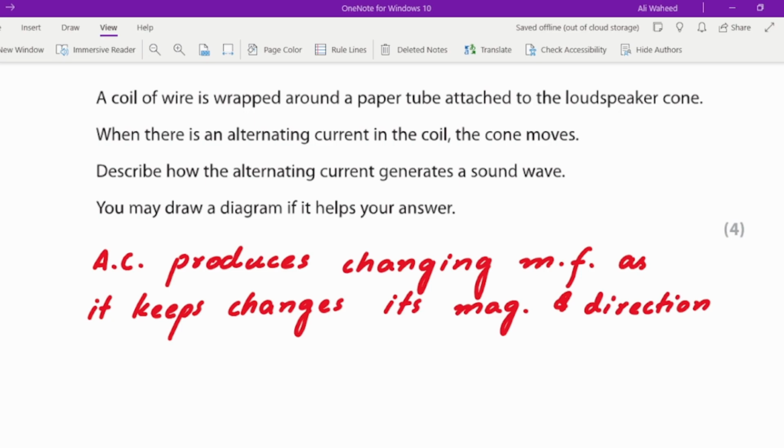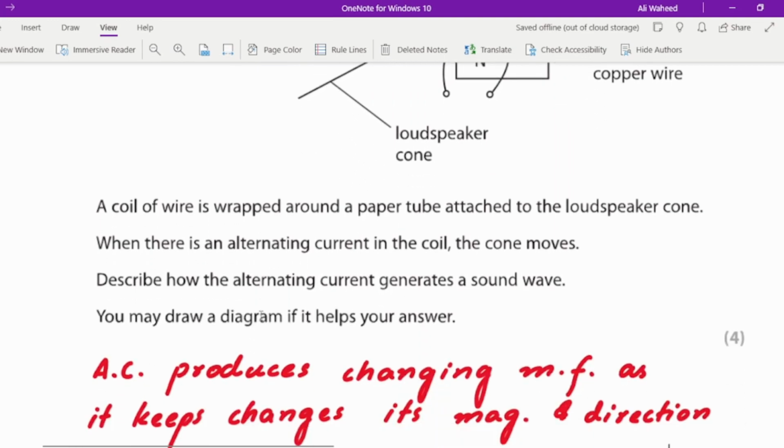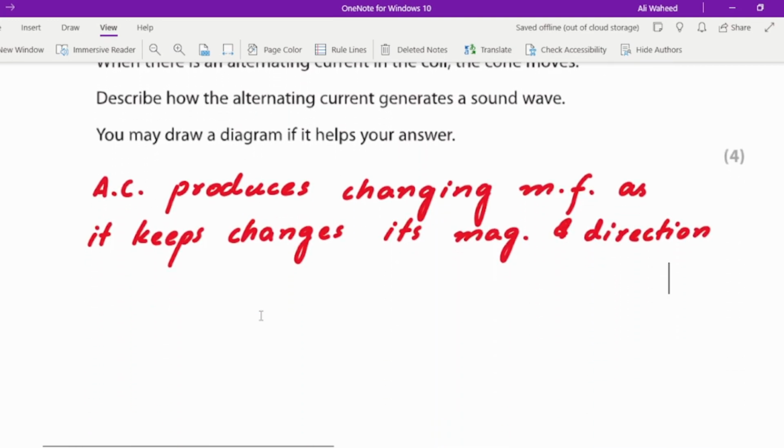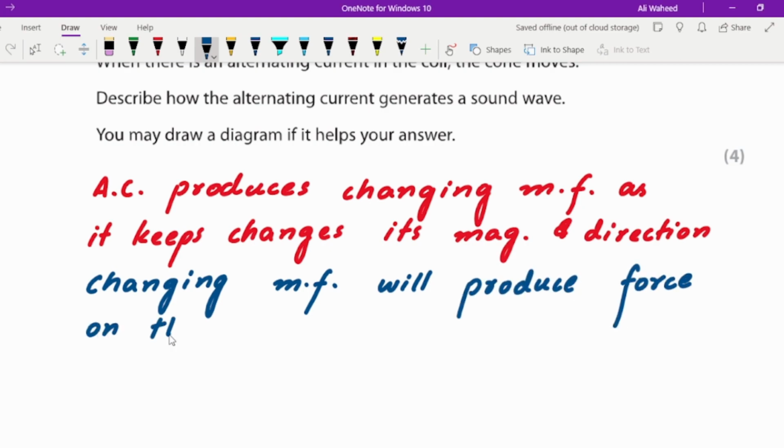So the next step we can write, when there is a changing magnetic field and there is current passing through the conductor, a force acts on the coil. So this changing magnetic field would produce force on the coil.